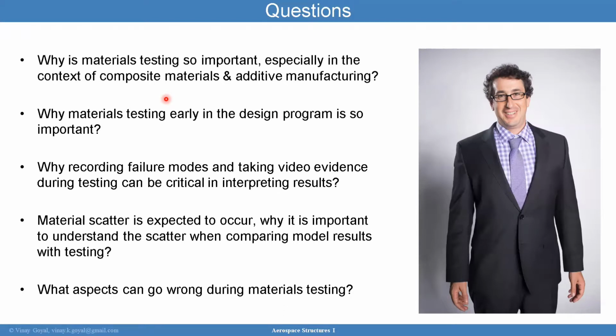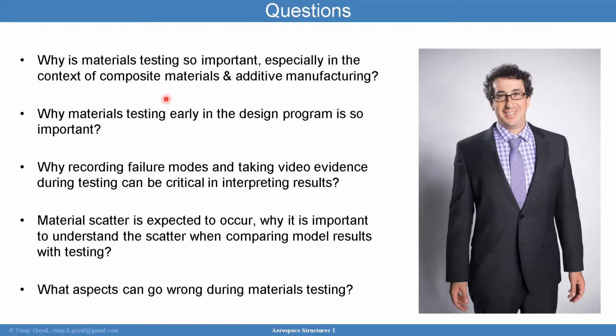Very cool. The next question I have for you, I think you really covered very well the importance of materials testing. I haven't introduced to the course yet the idea of the building block approach, but what we're really talking about is doing a lot of testing at the small component level, with a lot of small specimens, to understand what's going on and characterize the scatter.